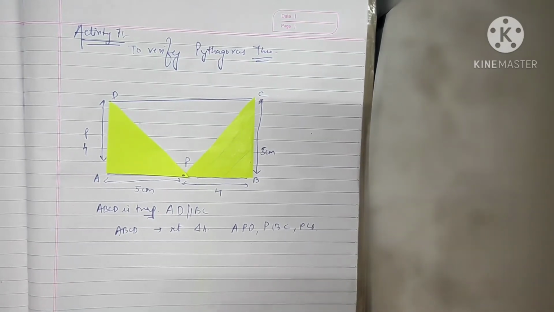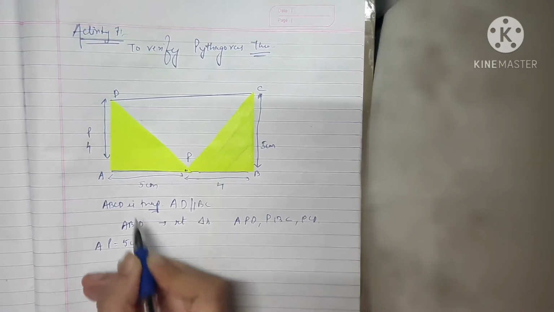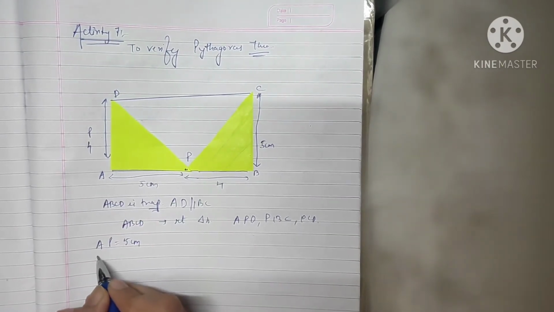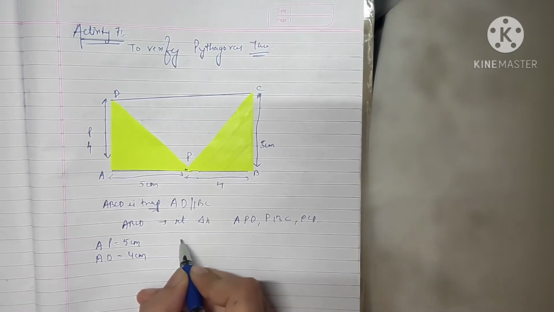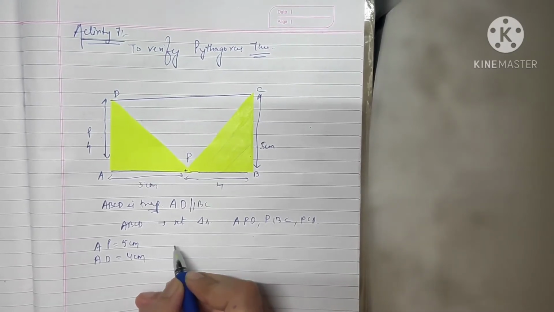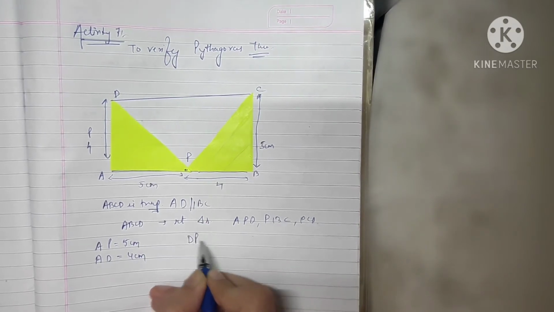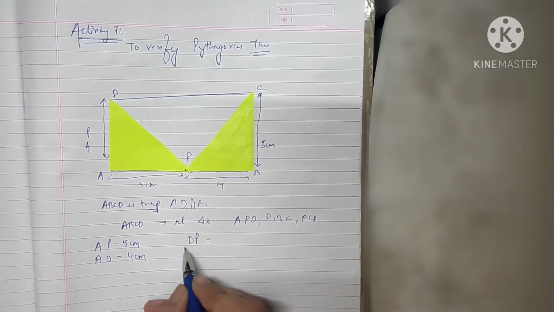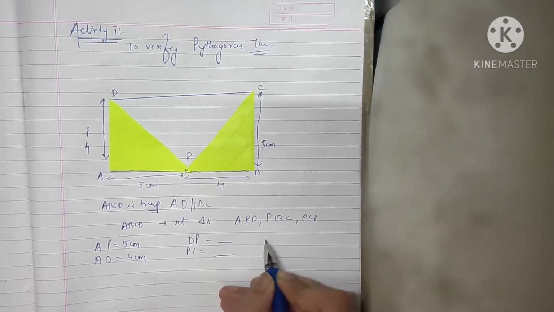What you will do is, you will individually find AP. AP is my 5 centimeter, right? Then AD. AD is my 4 centimeter according to the measurement I have taken. Then DP, we will later on find it. Then PC also we will later on find it.